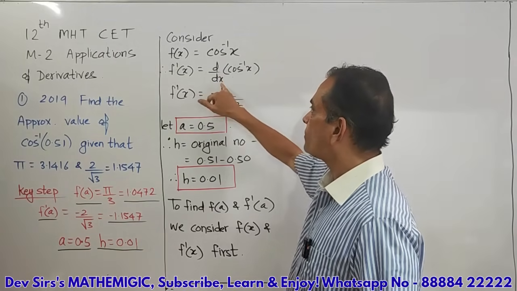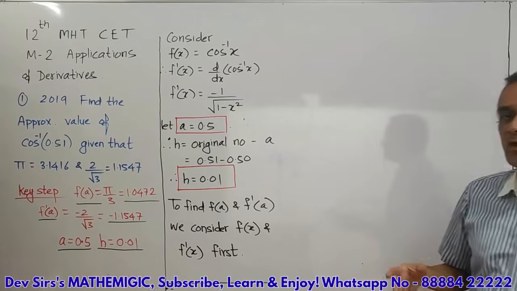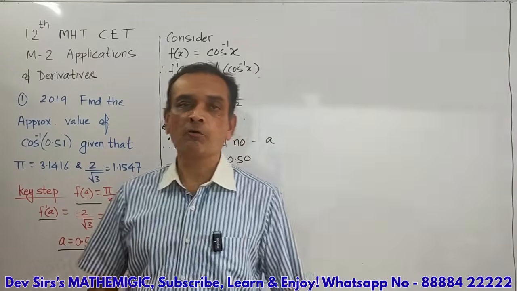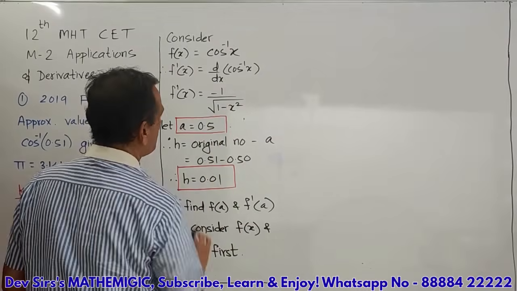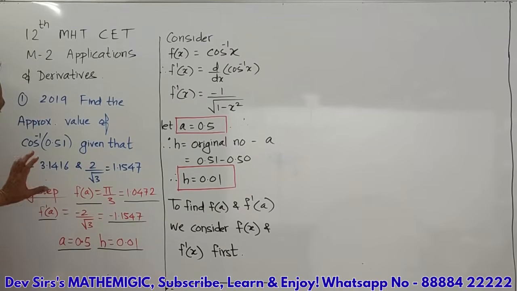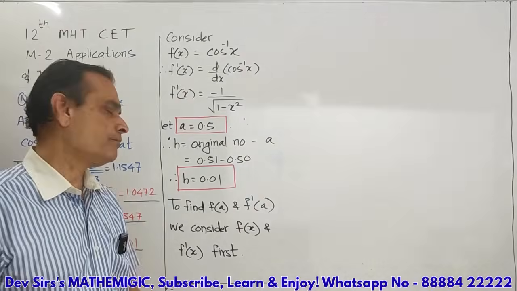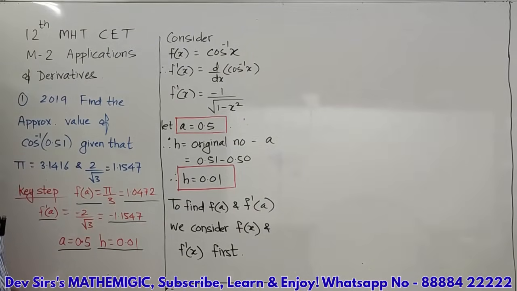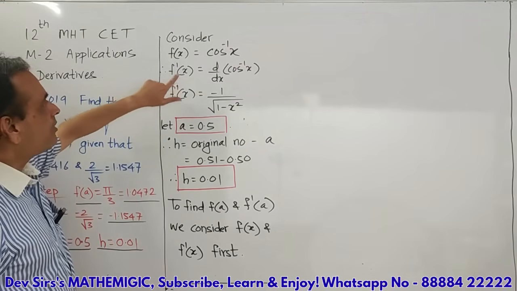That is the standard formula. Derivative of sin inverse x is 1 upon root of 1 minus x squared. Derivative of cos inverse x is minus 1 upon root of 1 minus x squared. If the basic function was cos 62, suppose, not cos inverse, then you take the function as cos x. So this is the value of f dash x, and this is the value of fx.